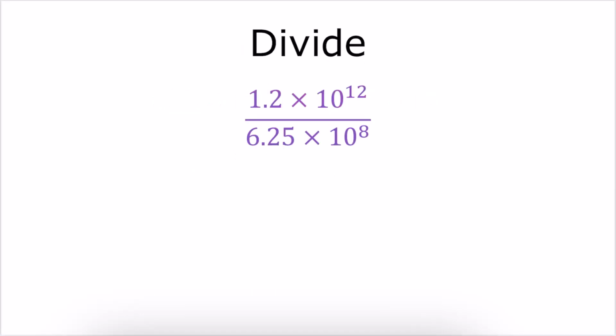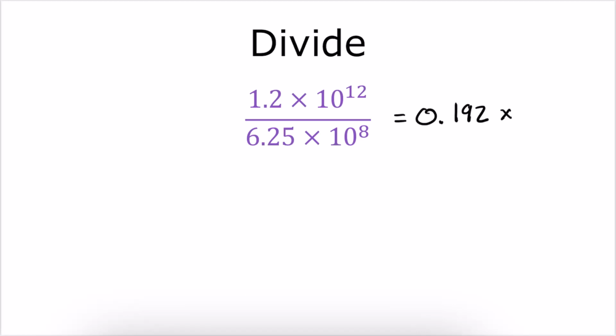When you're dividing numbers in scientific notation, the process is very similar. If I do 1.2 divided by 6.25, let's see what my calculator gives me. It looks like I end up with 0.192.